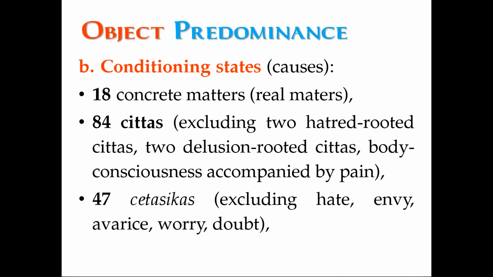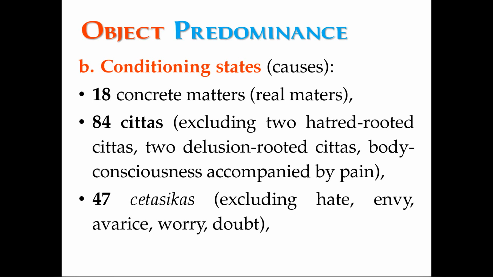And we also take 47 cetasikas. Actually we have 52 cetasikas, so we have to exclude 5 cetasikas. They are hatred, dosa, envy, issa, avarice, macchariya, worry, kukkucca, and doubt, vicikiccha.